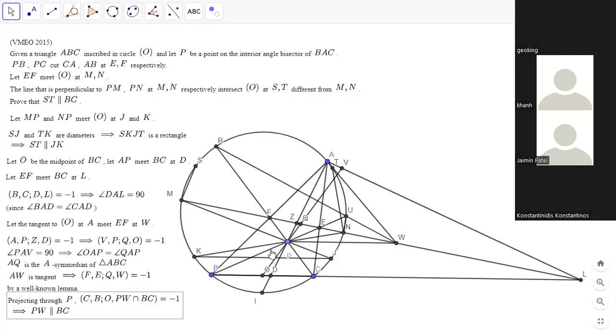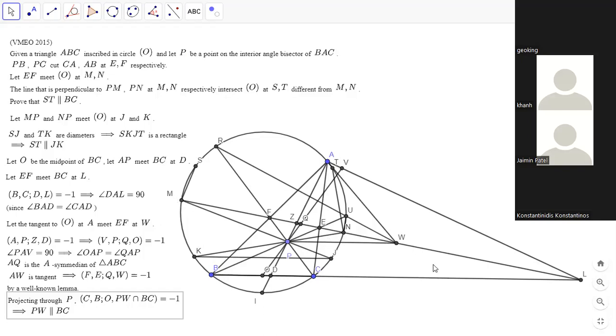I think it is because, actually, yeah, what do you do after this point? Oh, because we want to show WP squared is WN times WM.